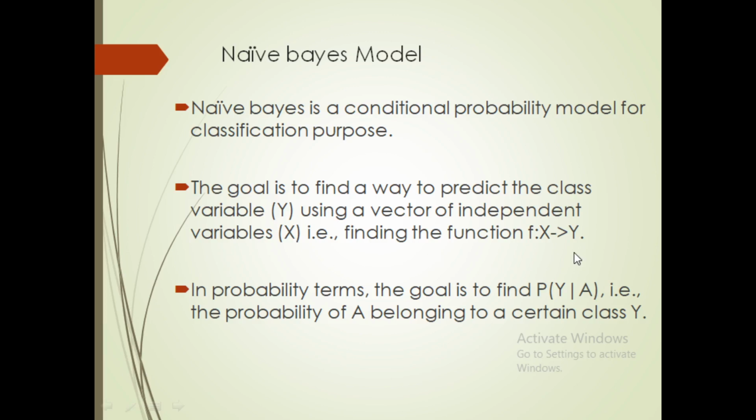That is, finding the function f of x such that it tells which class this set of attributes belongs to. In probability terms, the goal is to find p of y given x. That is, when we know the value of x, we have to predict to which class a particular attribute set belongs.